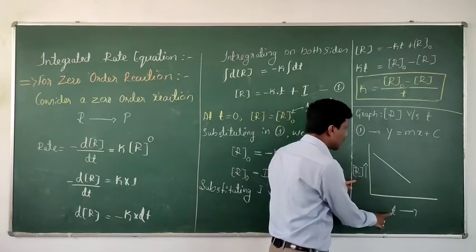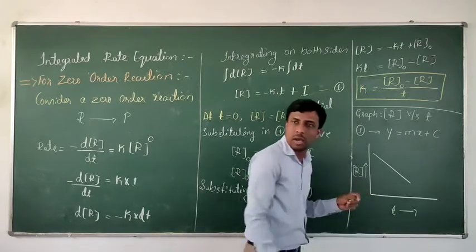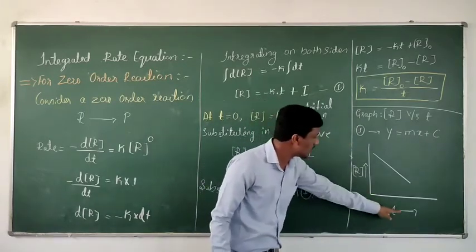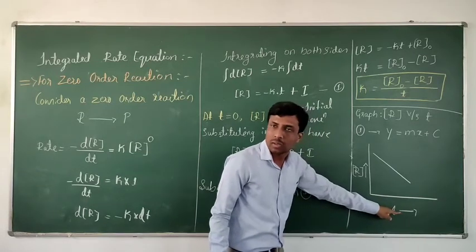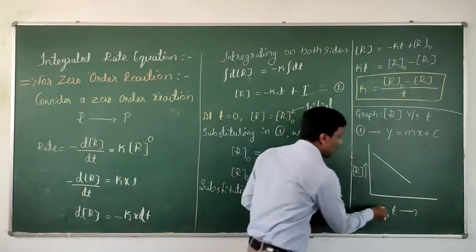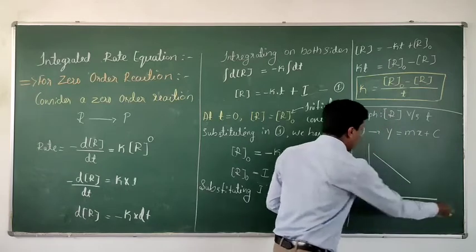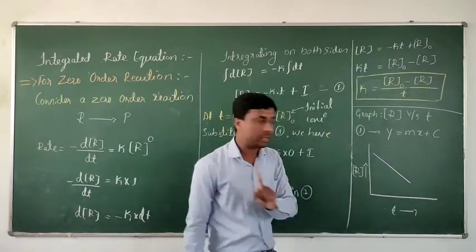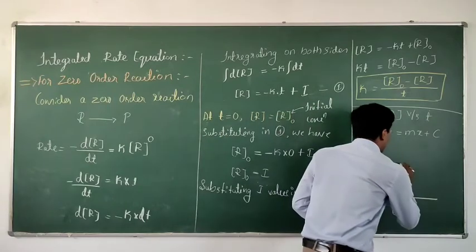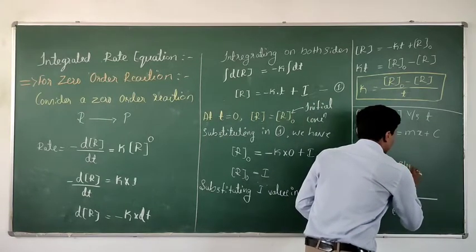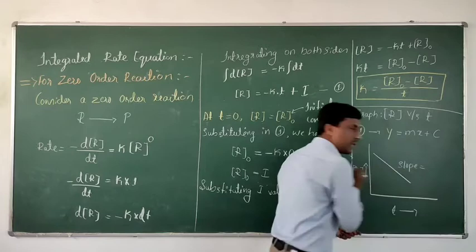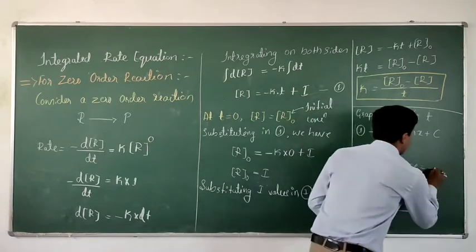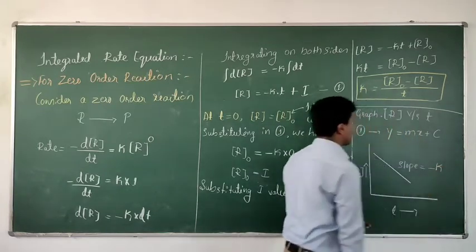The concentration of reactant R changes with time. As time increases, the concentration of R decreases. Therefore, the slope of this line is negative k.